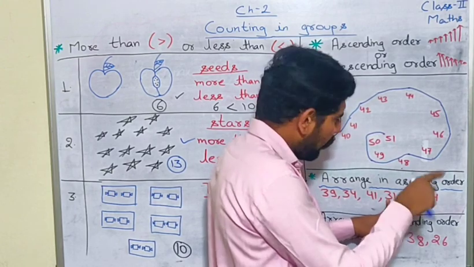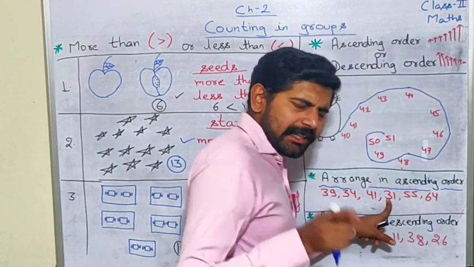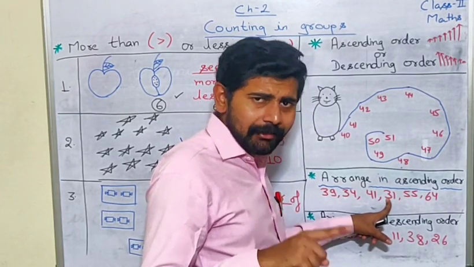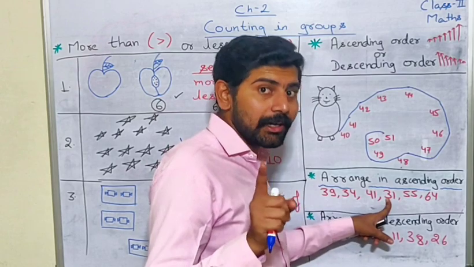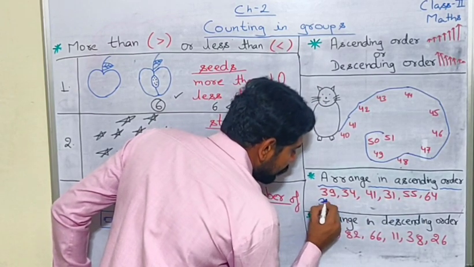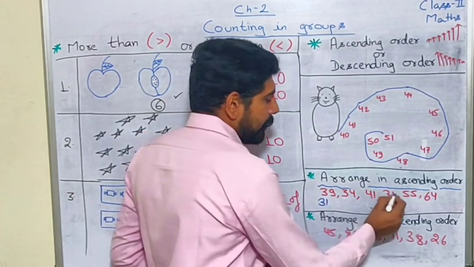No, na? Okay, then 64, is 31 less than 64? Yes, 64 is not less than 31, na? 31 is less than 64. That means 31 is the smallest number. We shall start writing from 31.